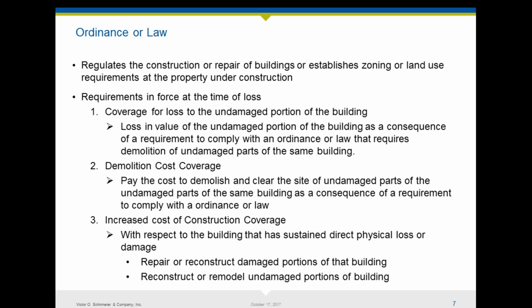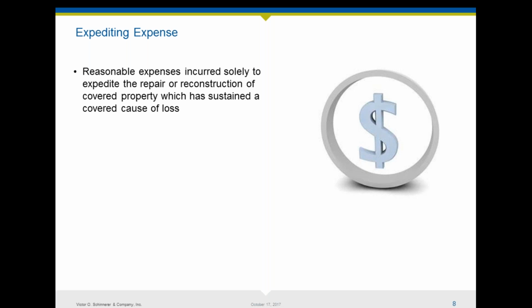So we do get some questions about this, and we do have $100,000 built into our form, and we feel that that is a very competitive limit for this coverage, but if you have a need for it to be higher or you're comparing us to another market, I will be happy to talk to you about any specific limits that you have or any questions that you have about ordinance or law.